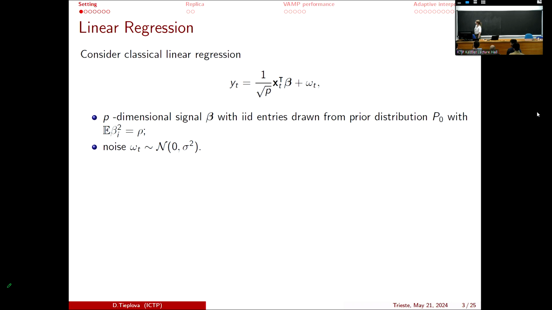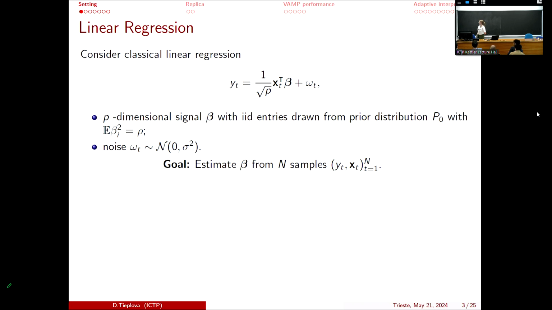Good. So what do we want from this model? We are going to discuss the typical inference problems. That is, we want to estimate beta from some number of observations. So how many observations do we need? As you probably noticed from the name of this talk and the name of the conference, all of us are in high dimension.